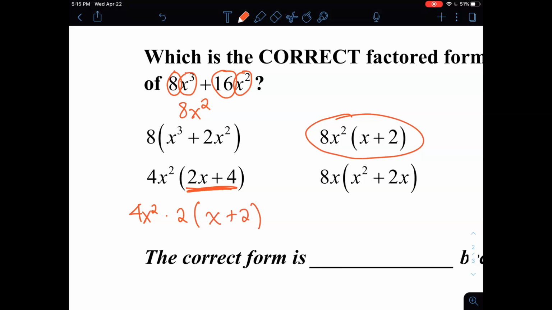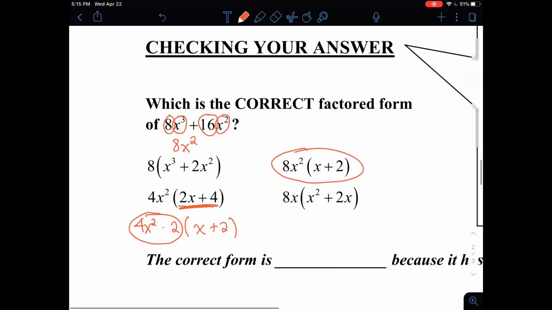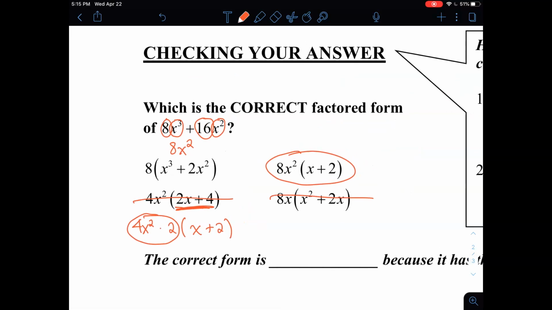Plus 2. So they pulled out a factor, but they didn't pull out the greatest common factor, because this is still going to multiply to 8x squared like it is over here. So you can pull out smaller factors, but it doesn't really help you, because we want to pull out the greatest common factor, okay?